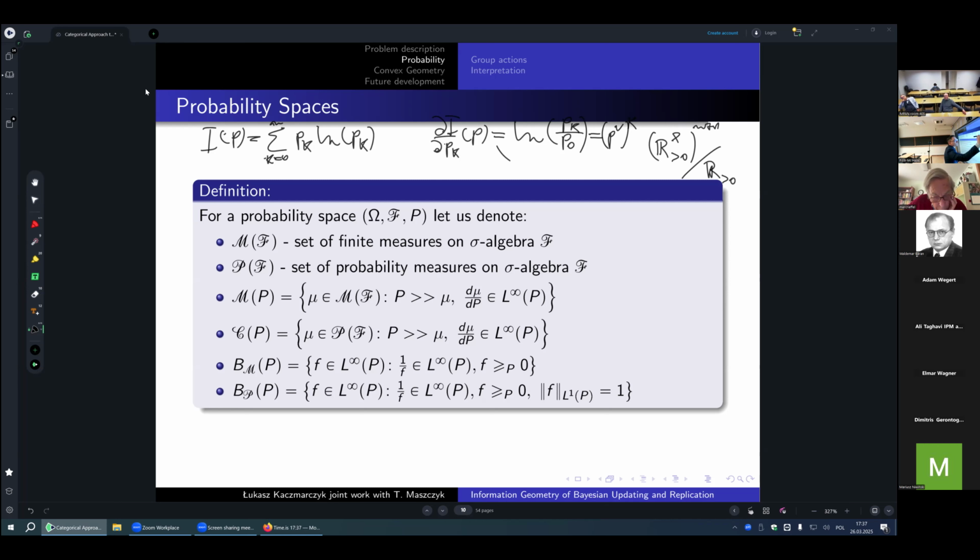And this will be one group, and the other one would be the flow.